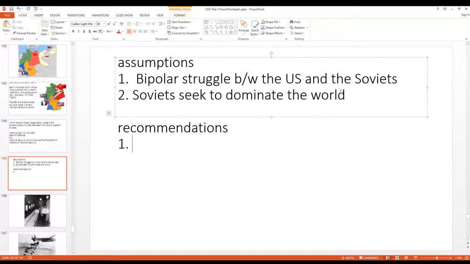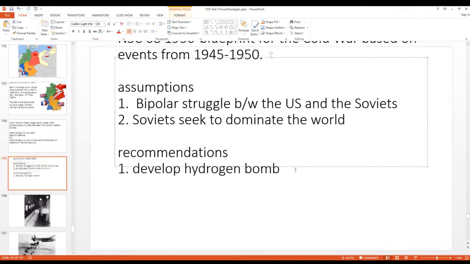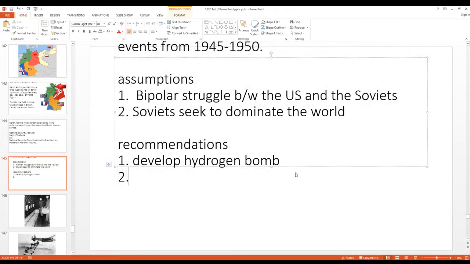Okay. One is to develop the hydrogen bomb. Since the Soviets now have the atomic bomb, we need a bigger and better bomb, and that will be the hydrogen bomb. And then, of course, we'll continue to develop more and more powerful nuclear weapons beyond this.